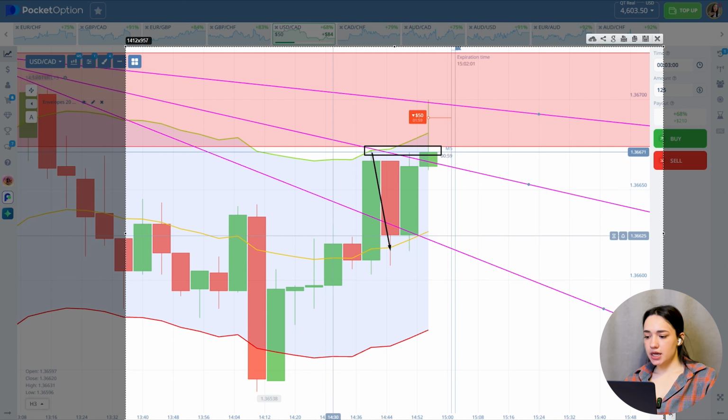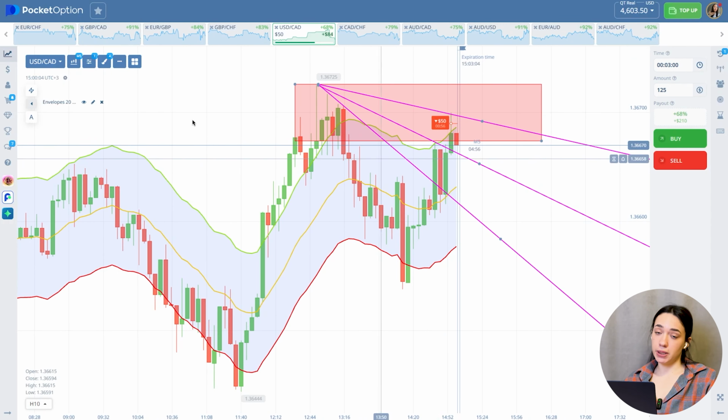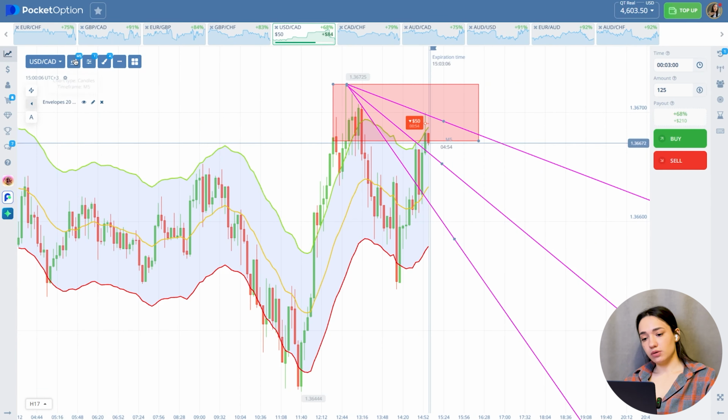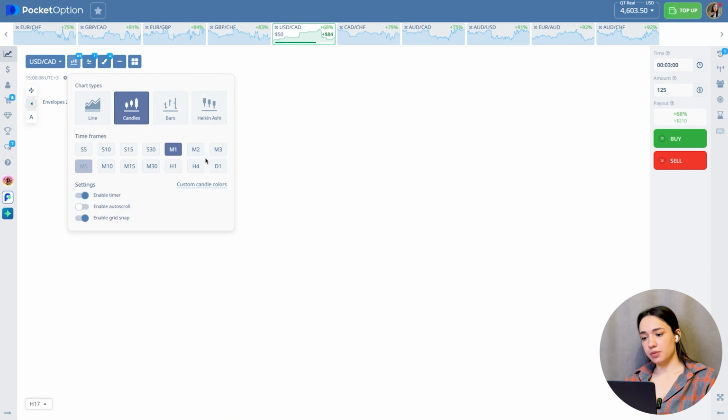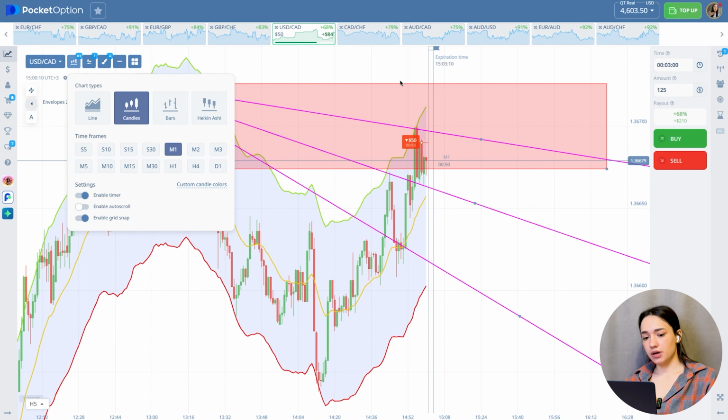And right here, the price moved above the upper boundary. And exactly at that moment, the price entered our highlighted resistance area on the 1-minute time frame. So therefore, this entry point was pretty ideal in my opinion. So let's return to the 1-minute time frame and observe this pullback.